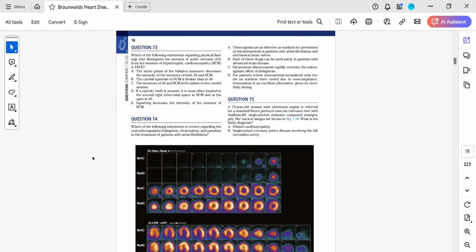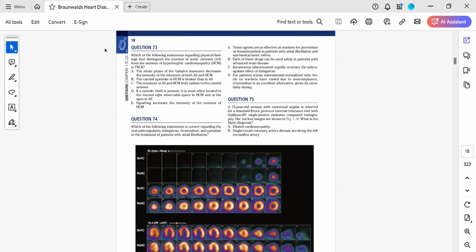True. That's a reversal agent. It's a monoclonal antibody for dabigatran. And andexanet alfa is for the direct acting factor Xa inhibitors: edoxaban, rivaroxaban, apixaban.